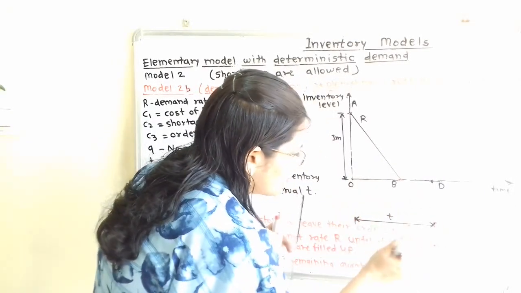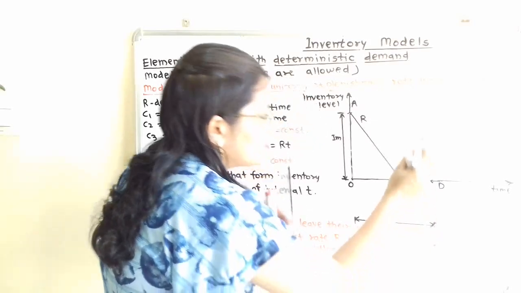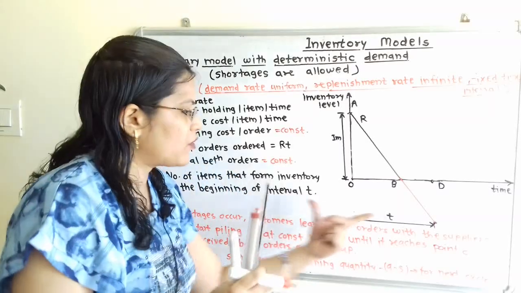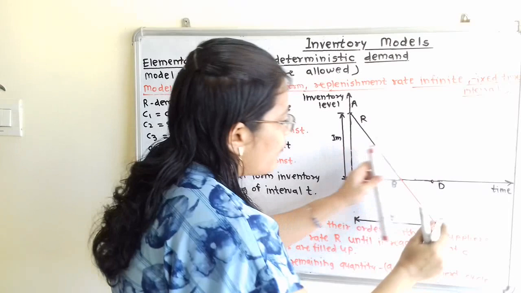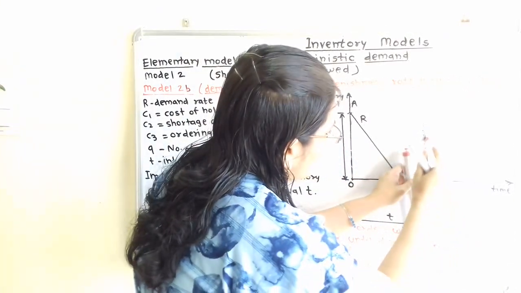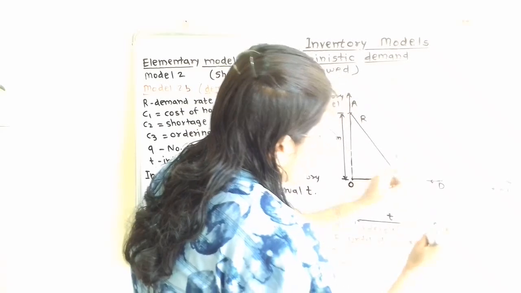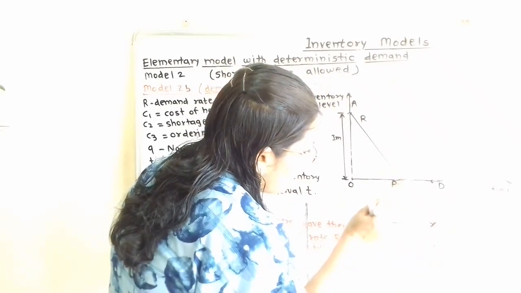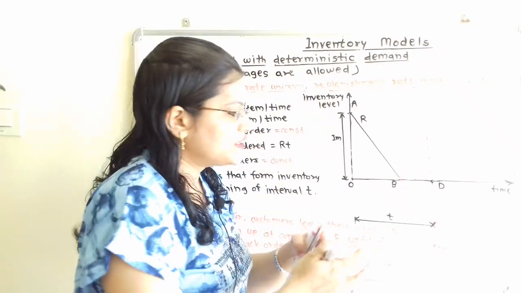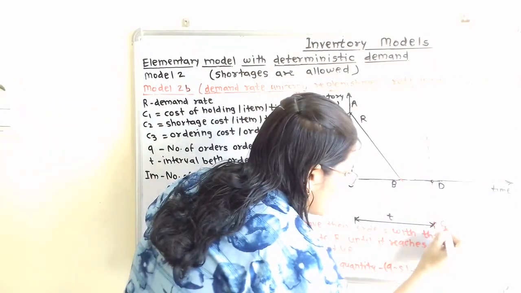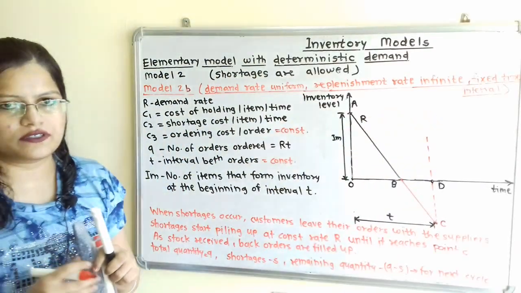If we observe here, this is the point D, and at this point D we have to place the second order because this time T is fixed. If I draw one vertical line passing through point D in the form of a dash, then the point of intersection of this slope and this vertical line passing through point D is point C. At this point C we have to place the next order.